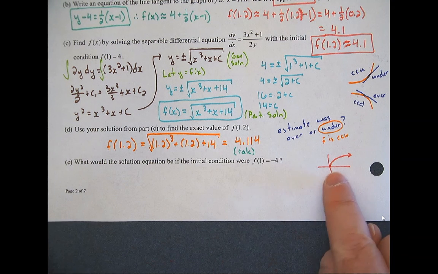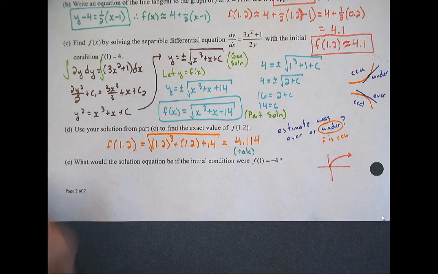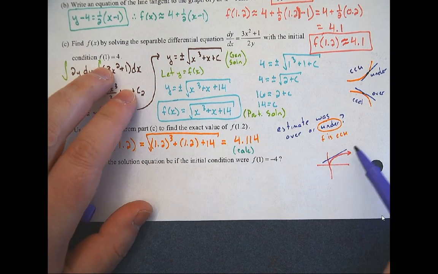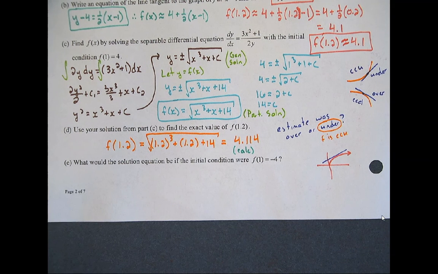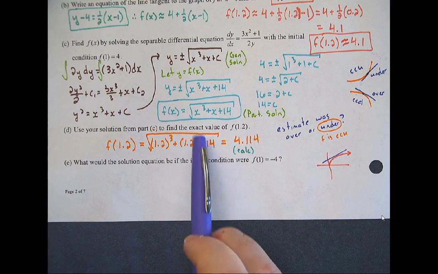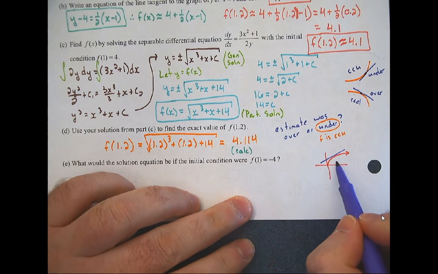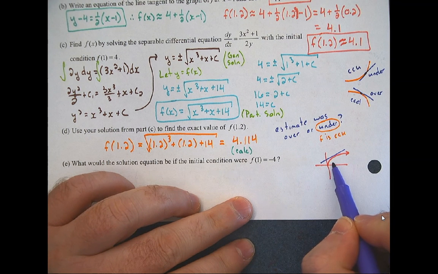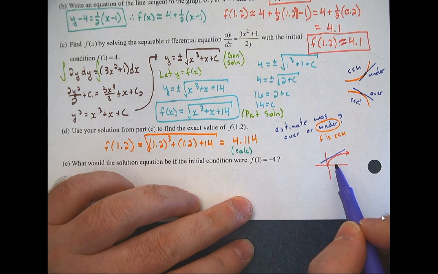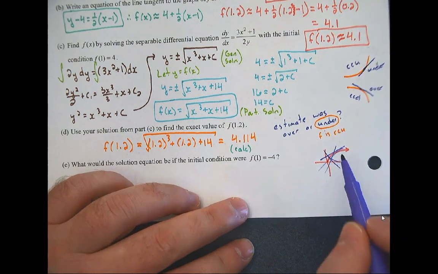So if I drew some tangent line, dang it, no it doesn't. Oh, it's the square root of a cubed. I don't know what that graph looks like. It's x to the 2/3. I don't know what that looks like. Never mind. Sorry.